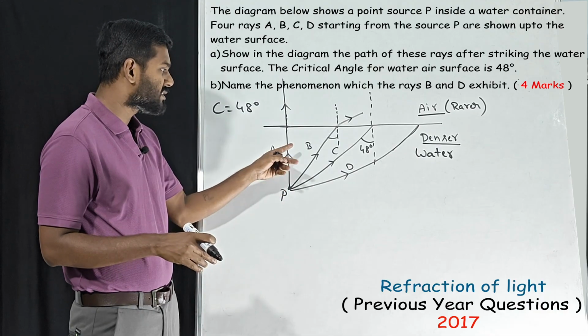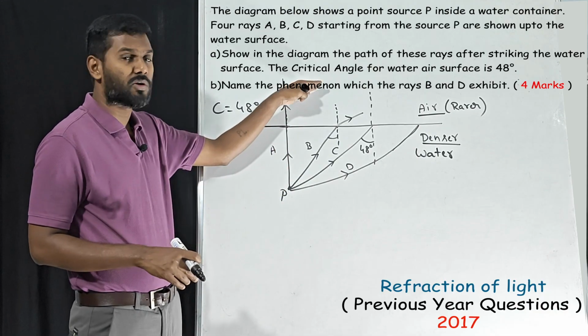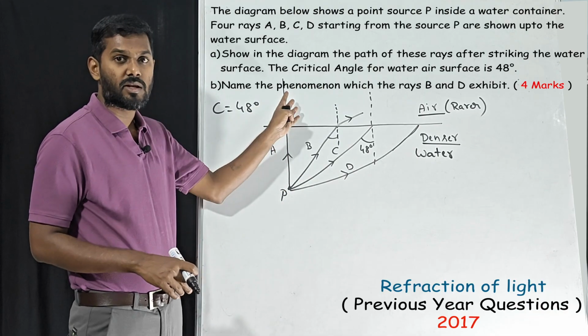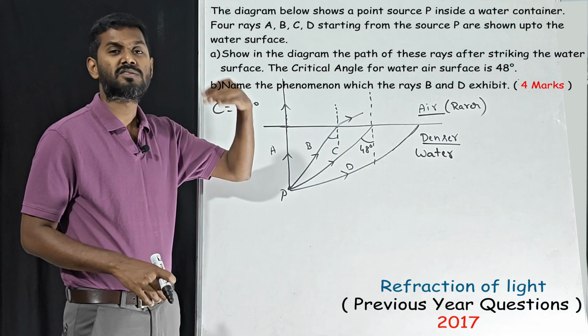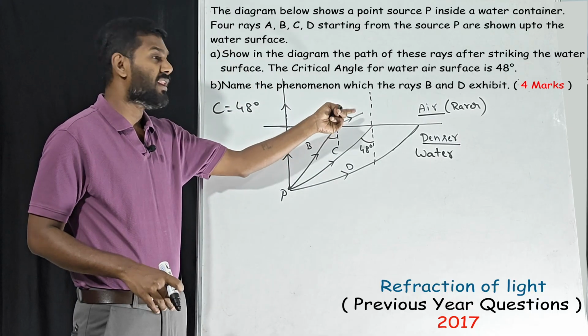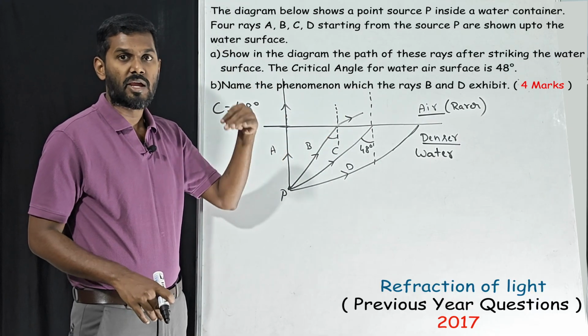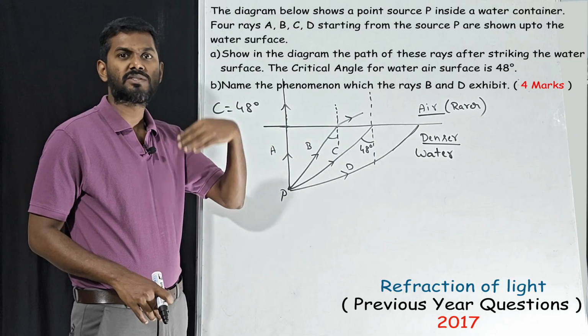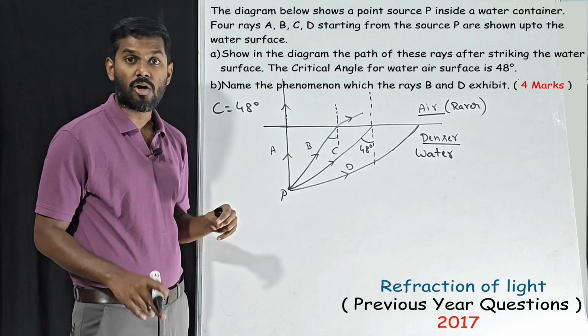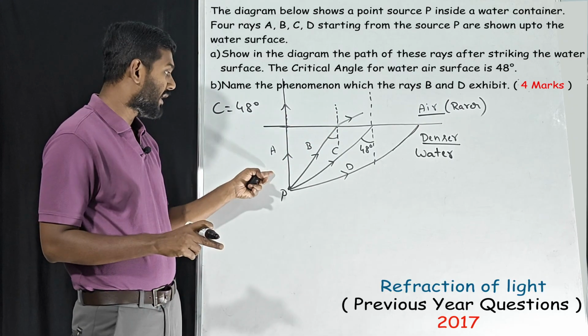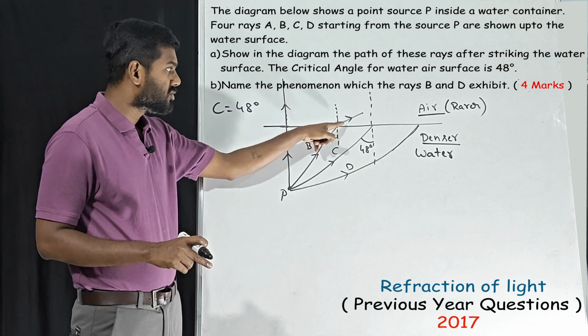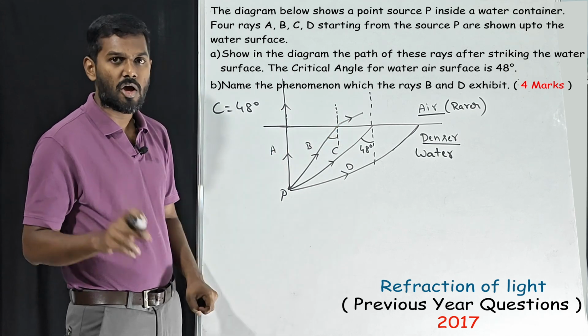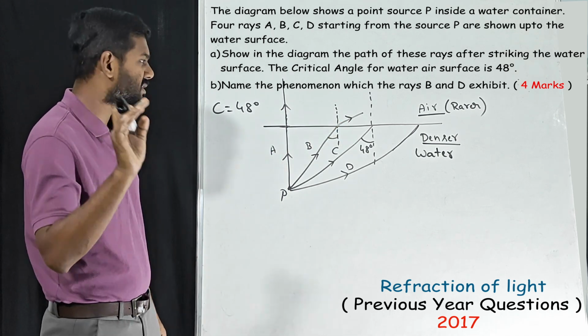Because the ray is moving from denser to rarer, so the velocity of light will increase. If it is fast, it moves away from the normal. That you should know. The light is entering from denser to rarer, so it moves away from the normal. These are the very simple basics you should know.